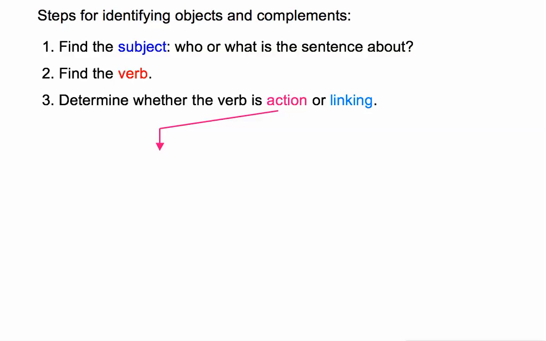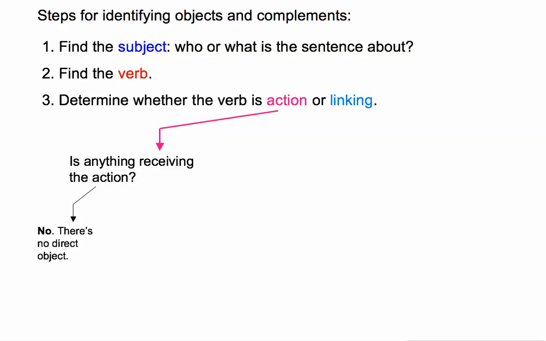If you have an action verb, then you're going to ask, is anything receiving the action? If your answer is no, then there is no direct object in the sentence. If the answer is yes, then whatever is receiving the action is the direct object.